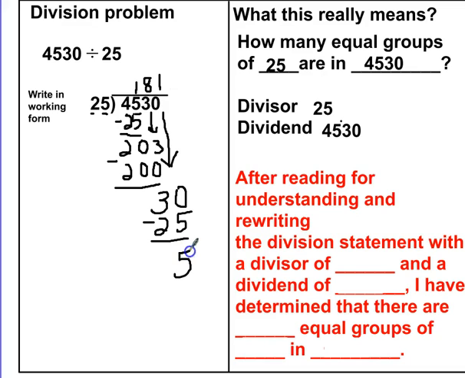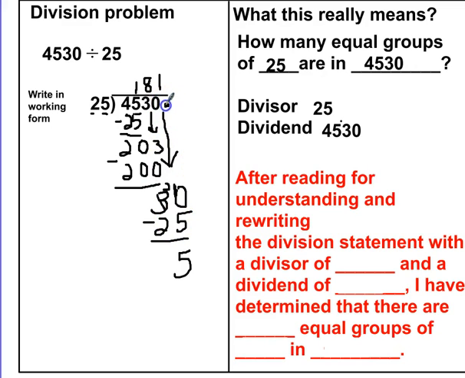And again, look at the renaming. I have 0. Can I take 5 away from it? Well, if I don't have anything, I can't take 5 from it. So I'm going to rename this 3, borrow 1, make this a 10. Now, 10 subtract 5, I have 5. 2 subtract 2, there's a 0. I have a 5 remaining. I can either write this as a fraction, or I can write it as a decimal.